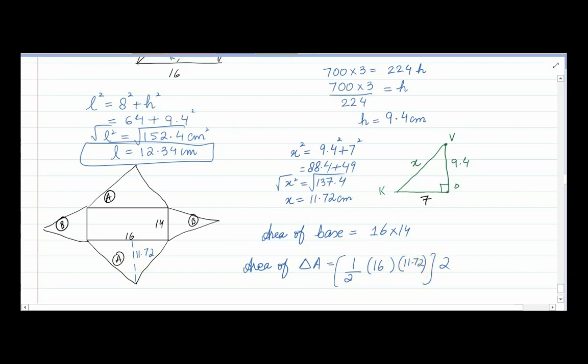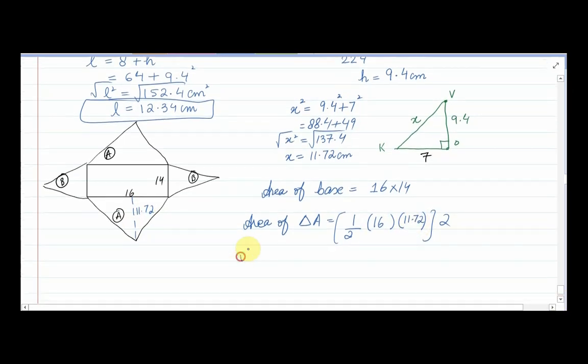And area of triangle B is equal to 1 upon 2 base multiplied by height, and you need to multiply it by 2 because we have two triangle B. The value of L we found out is 12.34, right? So the base is 14 and the height is 12.34. We know that 2 and 2 cancel each other.